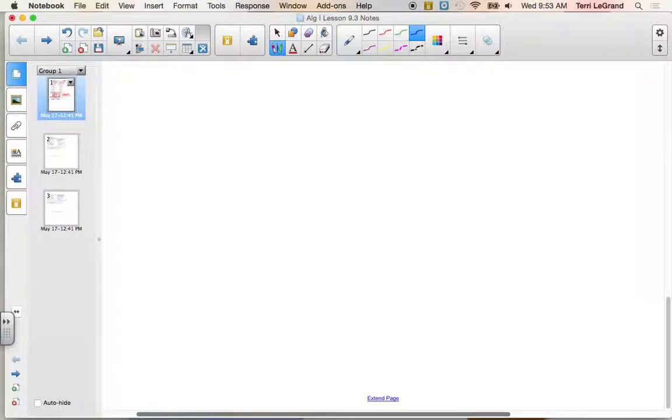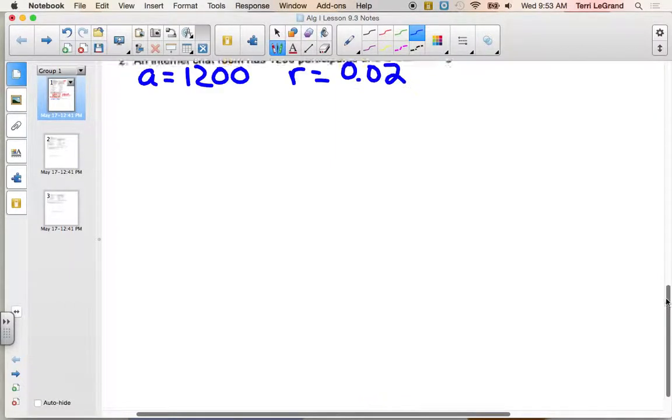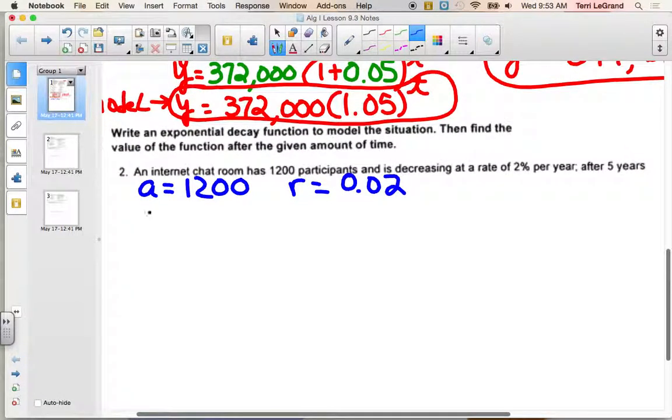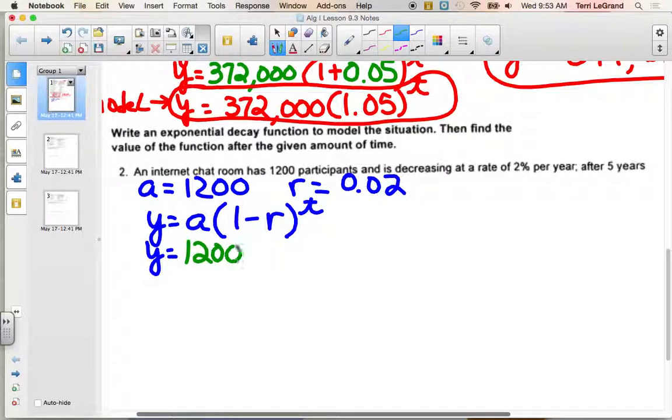Remember, our model for exponential decay actually starts out as y equals a times 1 subtract the r, to the t power. It's going down. So we're going to substitute in our a value and our r value.